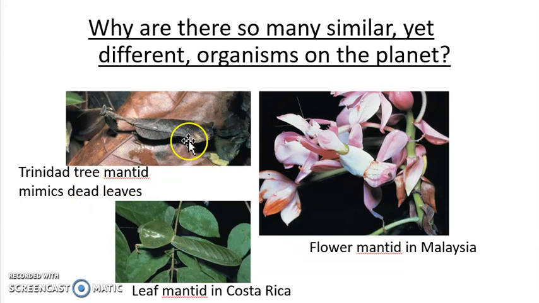If you look at these three different examples, these are all similar kinds of organisms with similar body architecture, but very distinct coloration. So this would be one of those questions about how these animals evolved to have similar characteristics and yet be so different when you look at that visual.